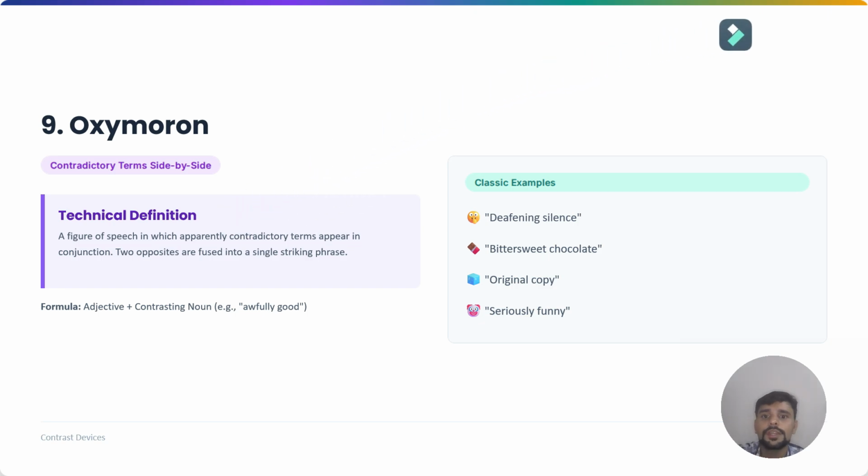If you see two apparently contradictory words sitting next to each other, think oxymoron. Examples: living dead, open secret, virtual reality, pretty ugly, alone together. The contradiction is deliberate. The purpose isn't necessarily to create confusion, it often captures a complicated reality in a short phrase.